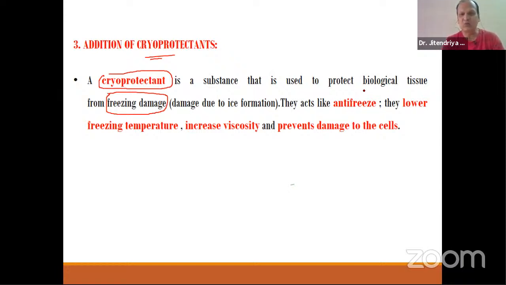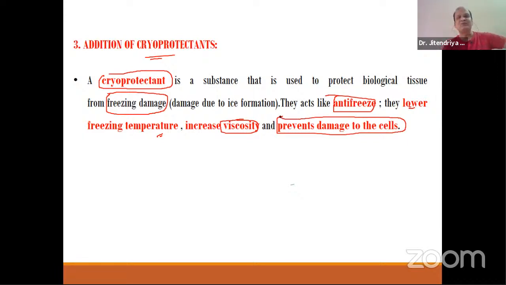Or we can call it in one word, anti-freeze, so that it can lower the freezing temperature. Importantly, it will increase the viscosity.